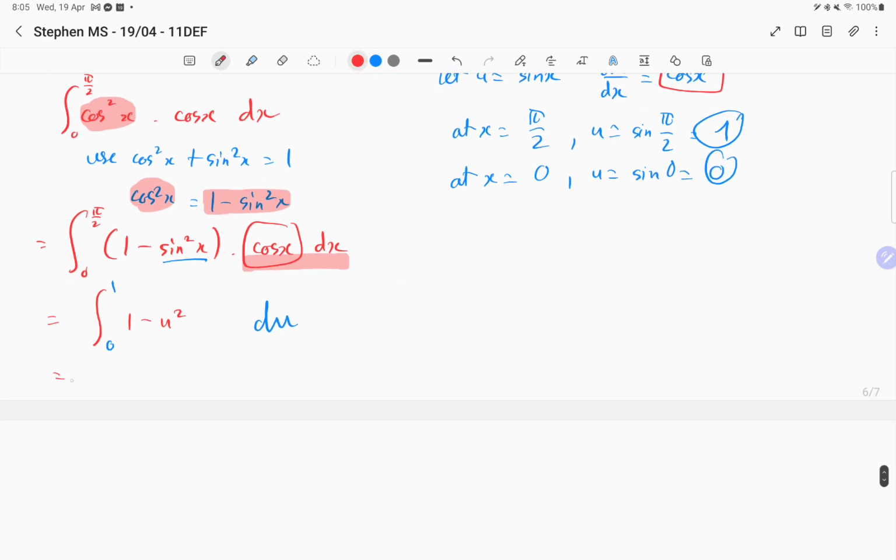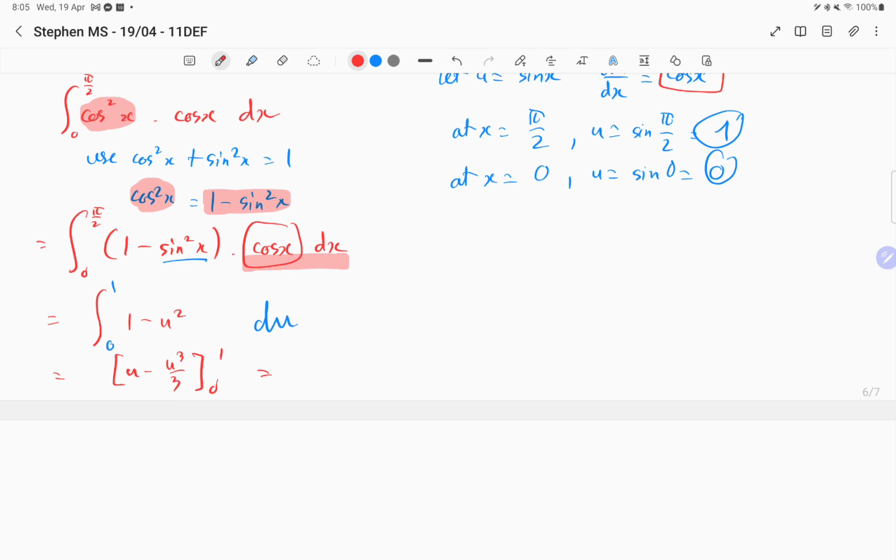Okay, so then the antiderivative would just be u minus u cubed on 3 from 0 to 1. And that's it. That's pretty simple. It's not hard getting to it. Once you get to it, it's easy. It's just hard formulating the steps to get to it.